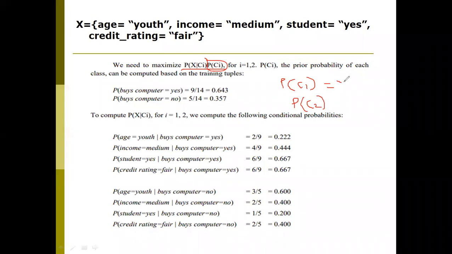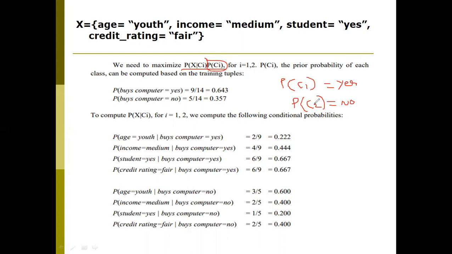Okay, suppose we assume that C1 is yes and C2 is no. If you want to find the probability of class labels, we are going to calculate the probability of C1 and probability of C2 from the given data set, whatever table I have shown just now, earlier itself.